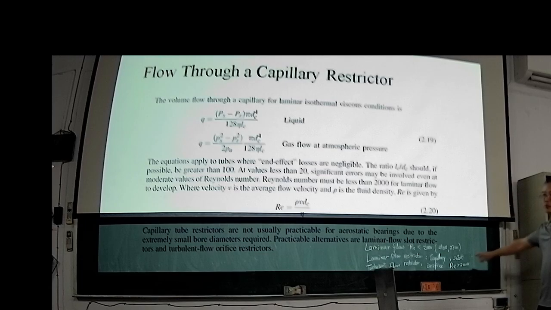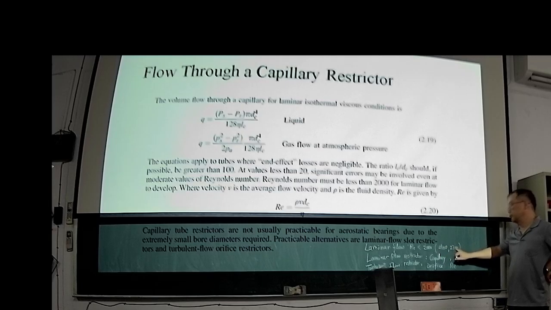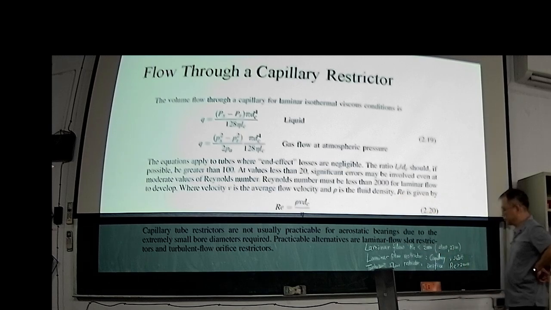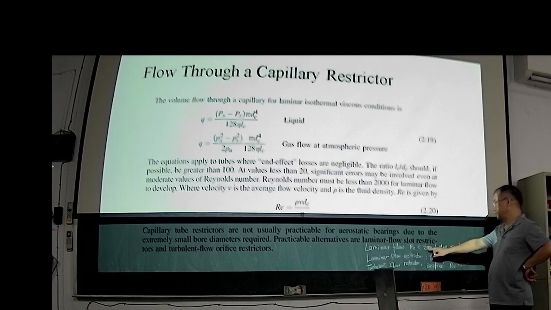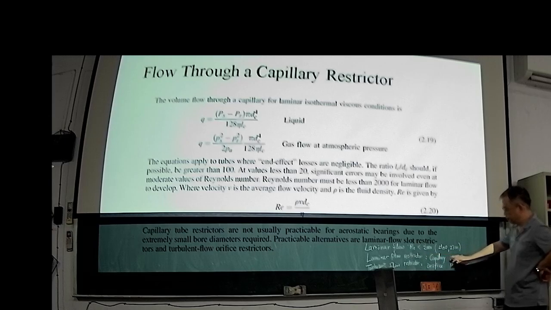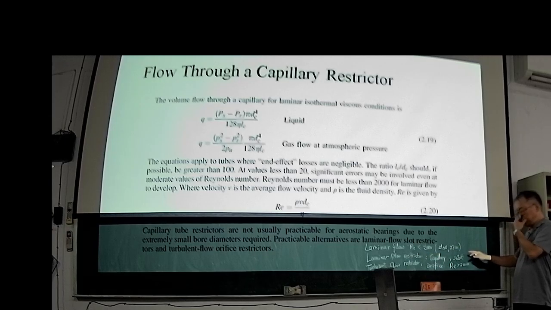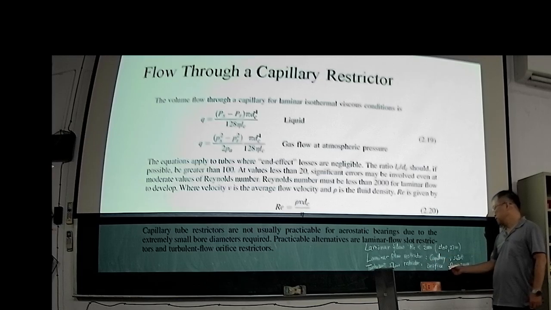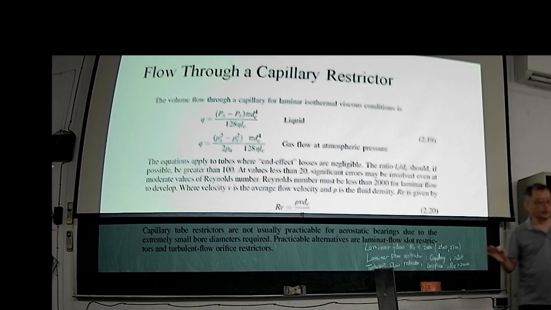In some textbooks, they put the number at 2100 or 2300, but this textbook uses an even more restrictive number, 2000. So this is a laminar flow restrictor, including the capillary and also the orifice restrictor. For a turbulent flow restrictor, the Reynolds number will be greater than 2000.